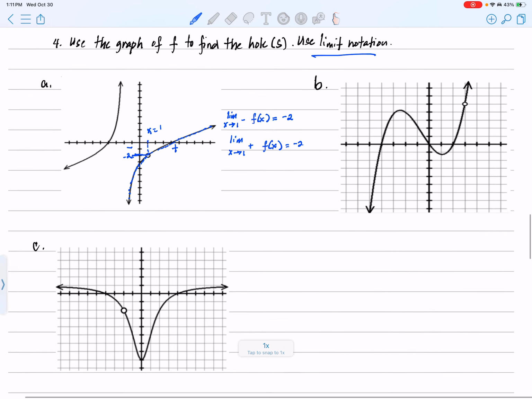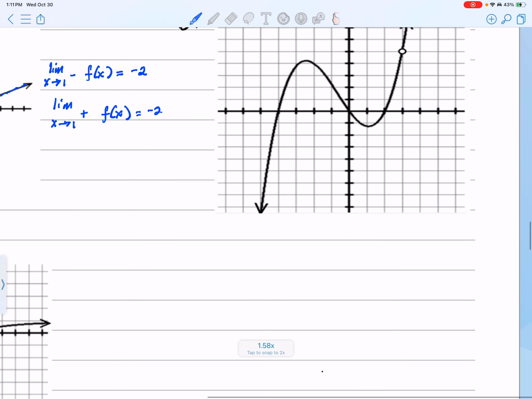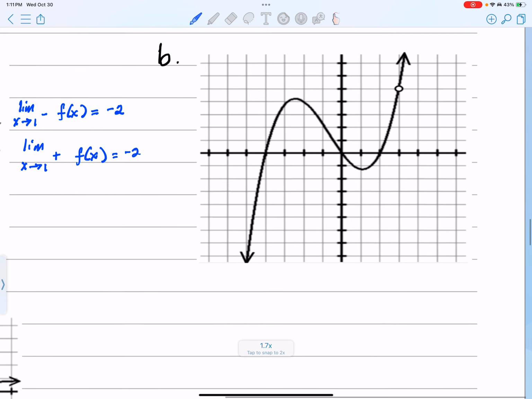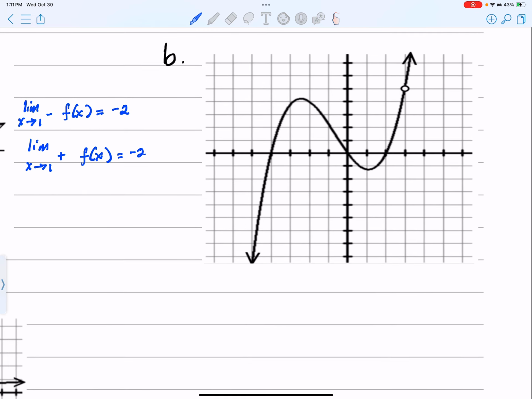Let's have the B right here. Where is the location? 1, 2, 3? Right here. X is 3. That's the location of our hole.